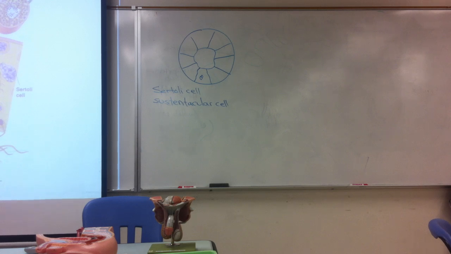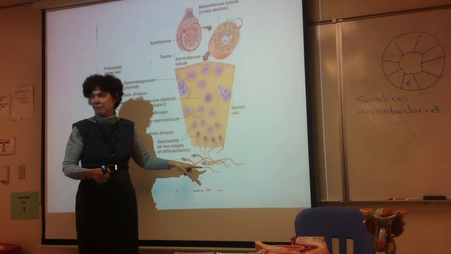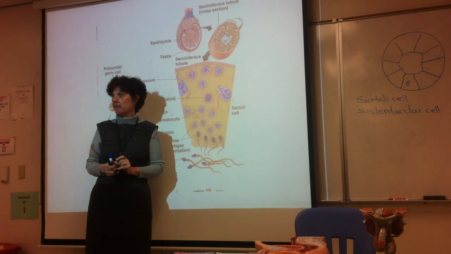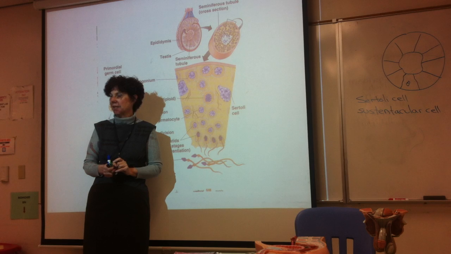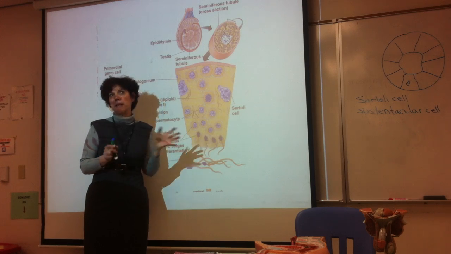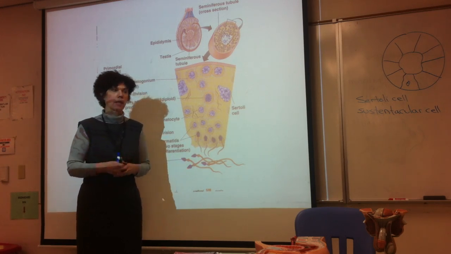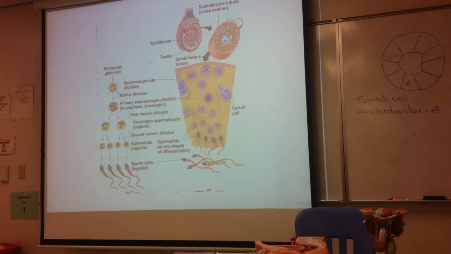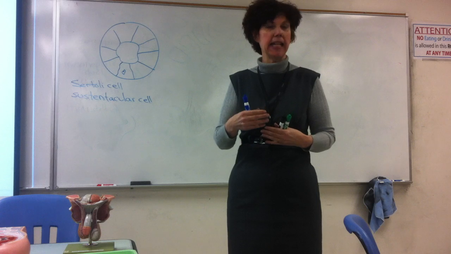So all of these, except for this one and this one, the rest of these nuclei are the developing sperm. They are not in the cytoplasm of the sustentacular cell, but are separated from that by plasma membrane. To explain, remember back in Bio 430 when you learned about Schwann cells and how they myelinated axons by wrapping around them tightly?